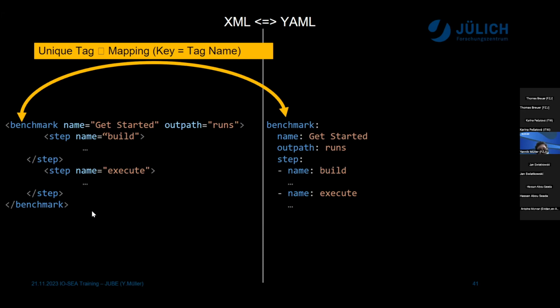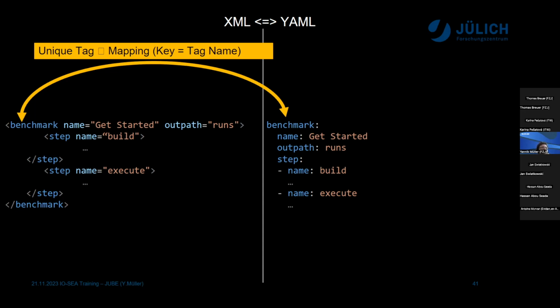So both are a tree structure at the end. To match in YAML, every tag that exists only once, like the benchmark tag, in this case there's only one benchmark tag, is mapped to just a YAML tag or a mapping, where the key is the name of the tag.